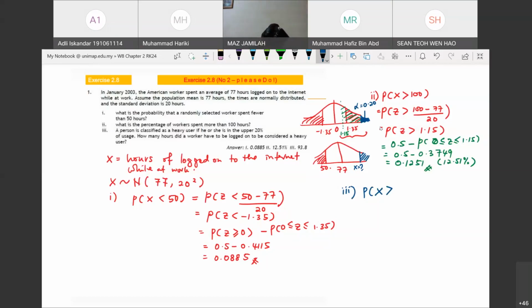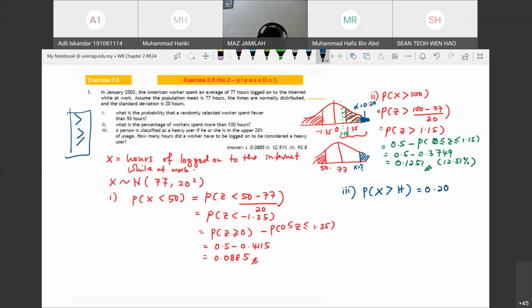So greater than 0.2. In terms of a continuous probability distribution, this sign and this sign are almost similar. It does not make any difference between the two. So greater than some value. Let's say the value is H, for heavy user: P(X greater than H) is equal to 0.20.